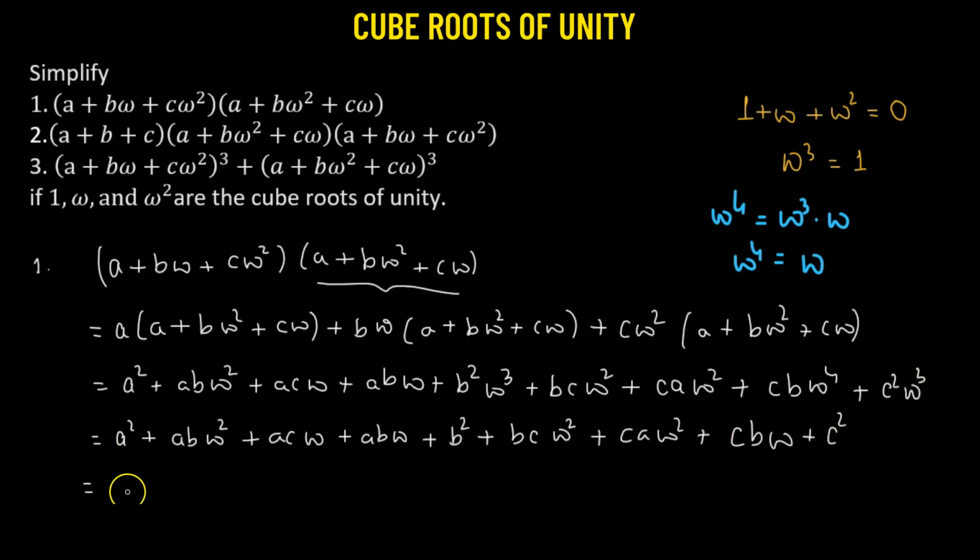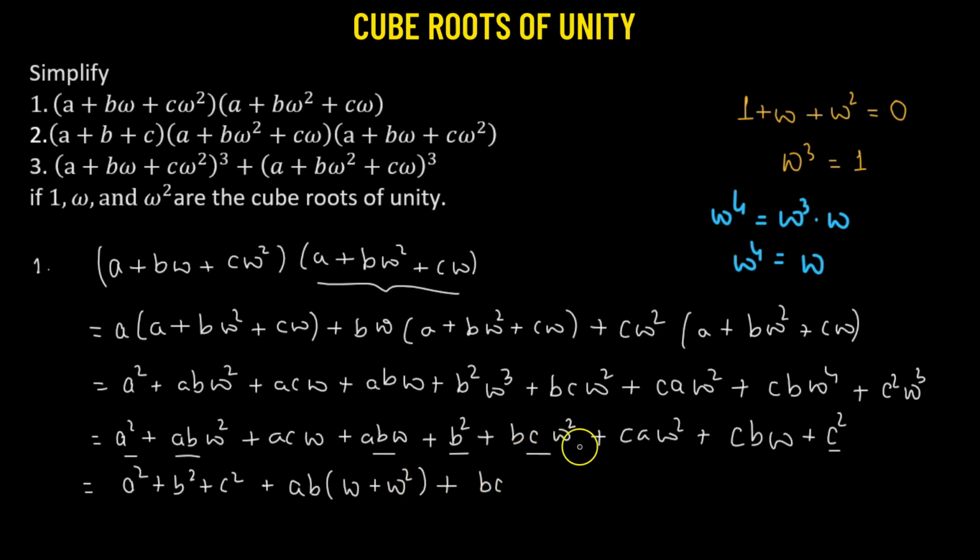Now we can combine a squared plus b squared plus c squared. So we're writing a squared, b squared, c squared together, plus now we will take ab omega squared and ab omega and combine them by taking ab as the common factor. So ab will be multiplied by omega plus omega squared. Then we'll take the terms containing bc.